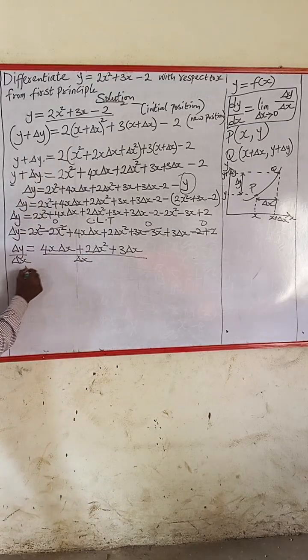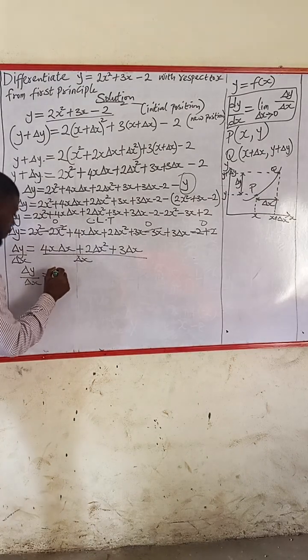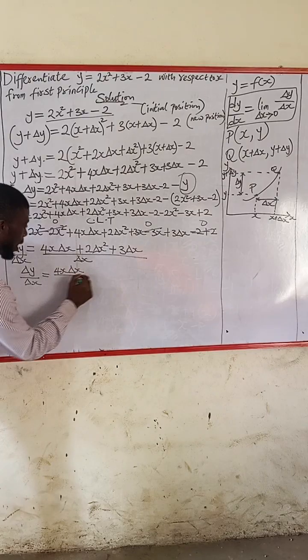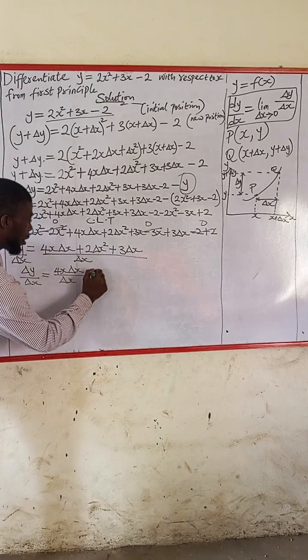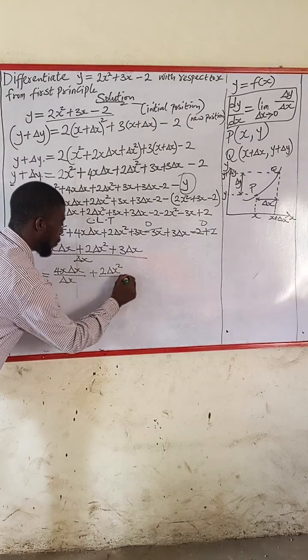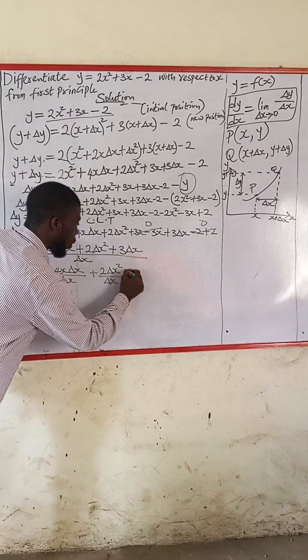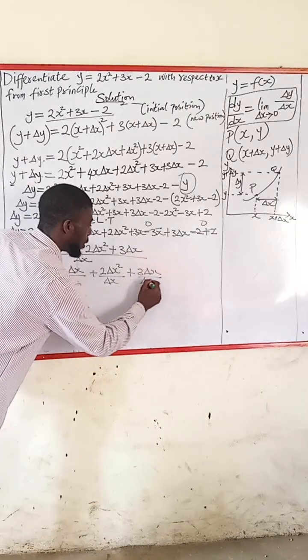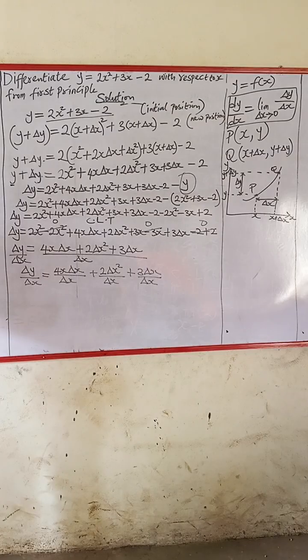So we now have changing y over changing x is equal to 4x changing x over changing x, plus 2 changing x squared over changing x, plus 3 changing x over changing x.